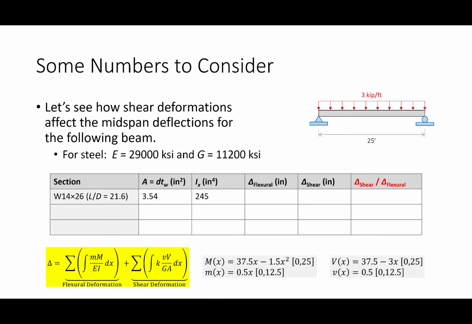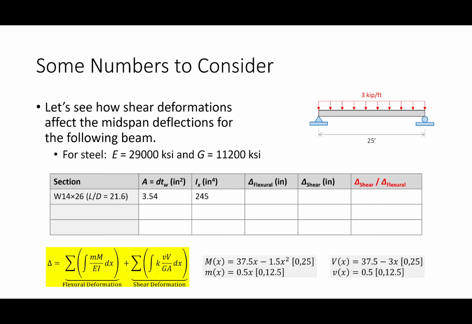Let's say we use a W14x26. Remember what the 14 means? That's about how deep it is. So this is a 25-foot-long beam that's about 14 inches deep. If you calculate the L over D, it's 21.6. That's a pretty slender beam. Now for the area, we're just taking the area of the web, just the part that resists shear.